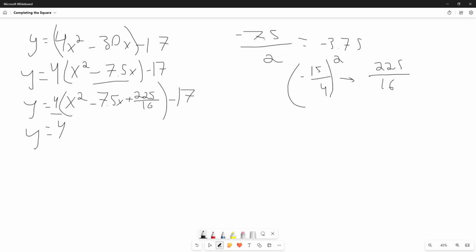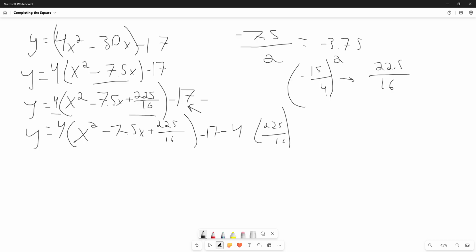We will multiply these two terms and then subtract from this term. So 4x squared minus 7.5x plus 225 over 16 minus 17 minus 4 times 225 over 16.